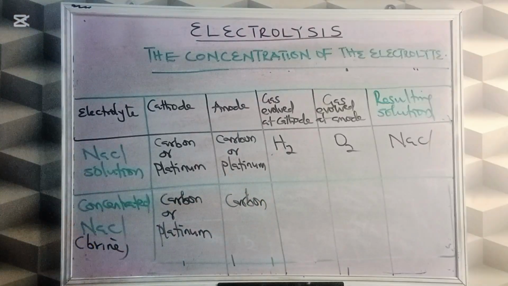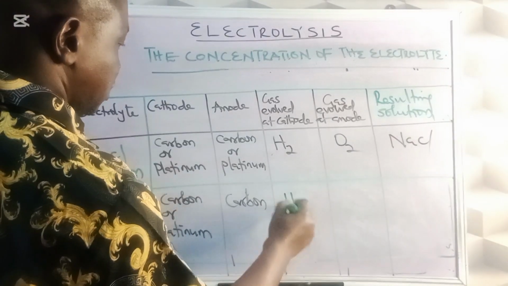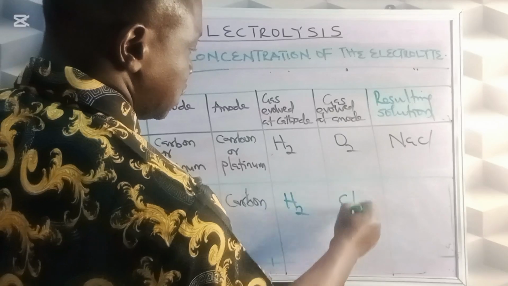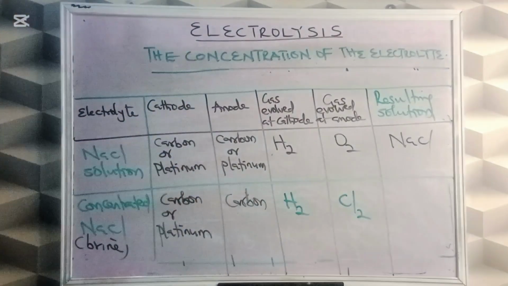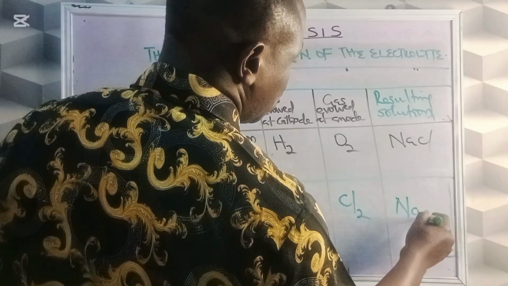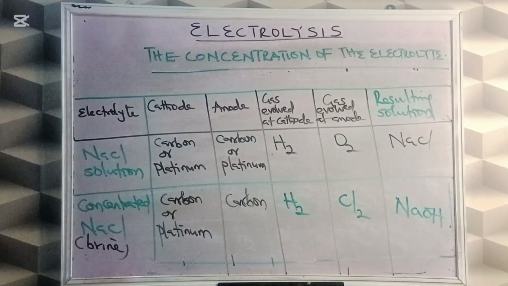Carbon. Please take note of that. What is the gas involved at the cathode? It still remains hydrogen gas. The gas involved at the anode is chlorine gas, while the resulting solution is sodium hydroxide. Please take note of that.